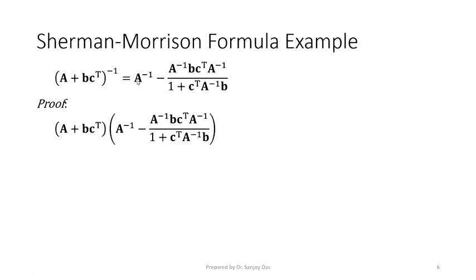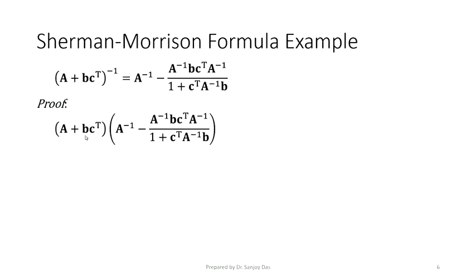On the right-hand side, when I pre-multiply it with A plus BC transpose, I get this. And this must be equal to the identity matrix, I. So let's try to simplify it. This pre-multiplication helps us take care of this inversion here. Otherwise, it will be hard to manipulate, right? A plus BC transpose inverse is not equal to, for instance, A inverse plus BC transpose inverse or something. No.